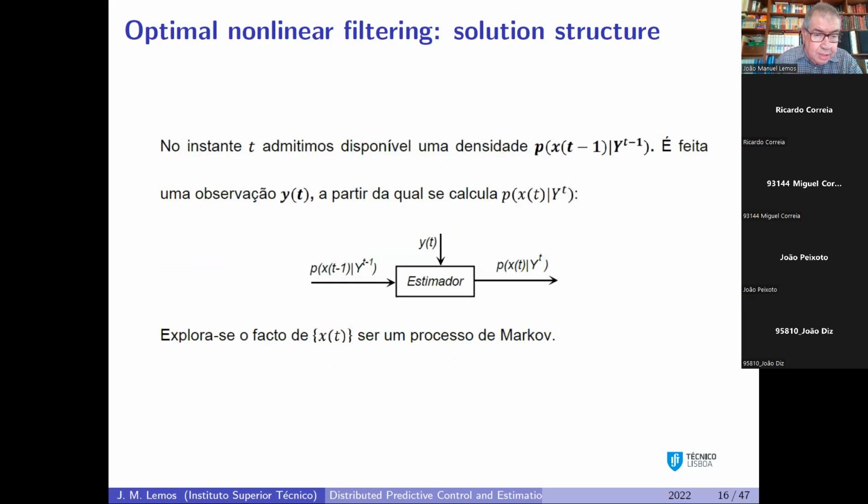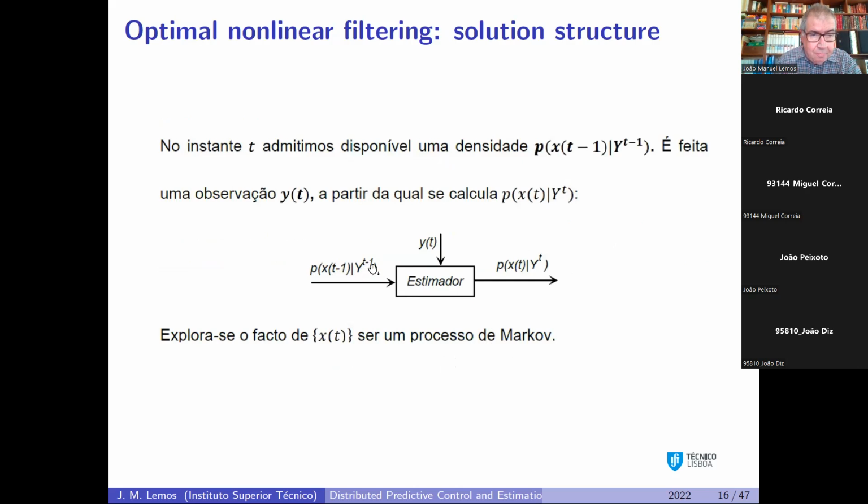Perhaps in a more rigorous way: suppose that at time t you have computed before the probability of the state at the previous time t minus 1 given the observations up to time t minus 1.